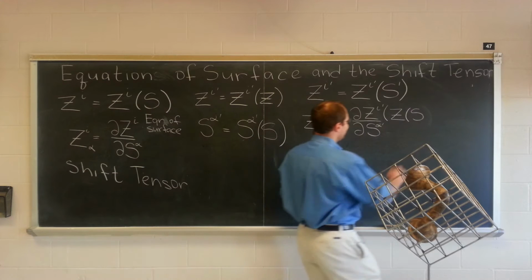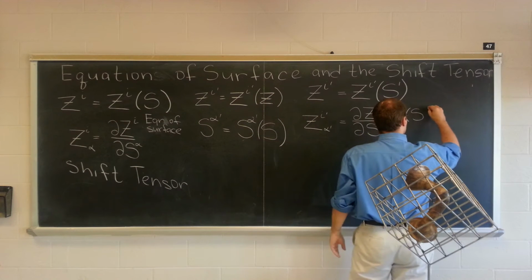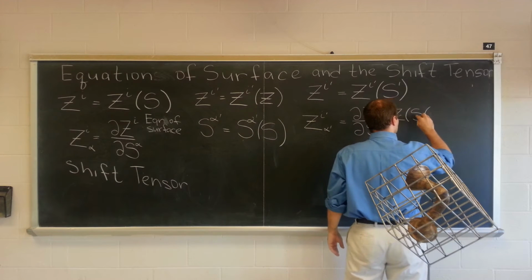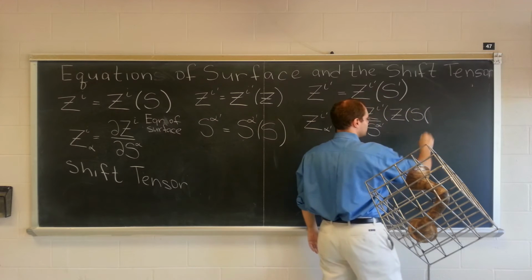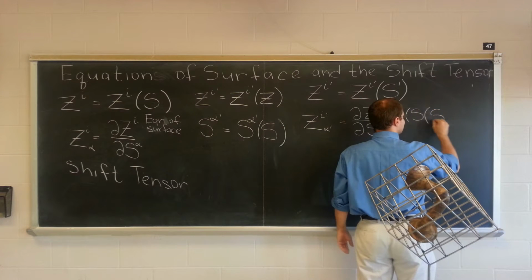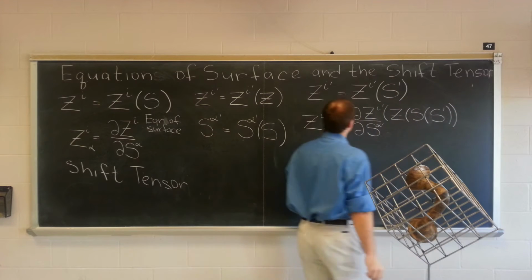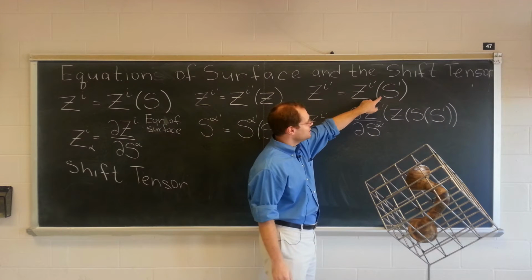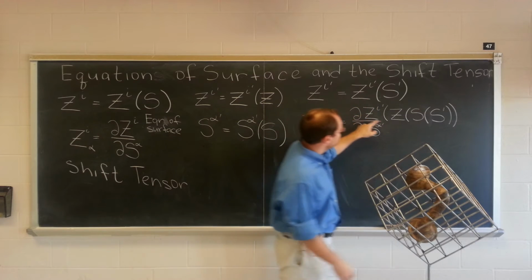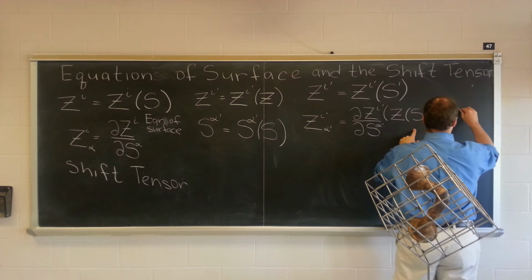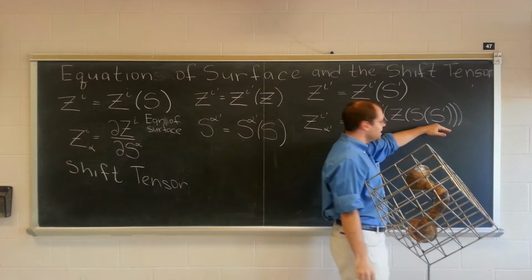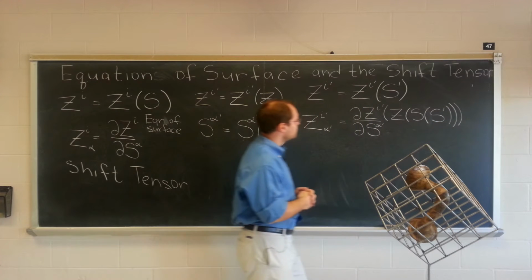All right. And then plug in how the old surface coordinates depend on the new surface coordinates. There we go. So this simple relationship can be expressed as a double composite function.